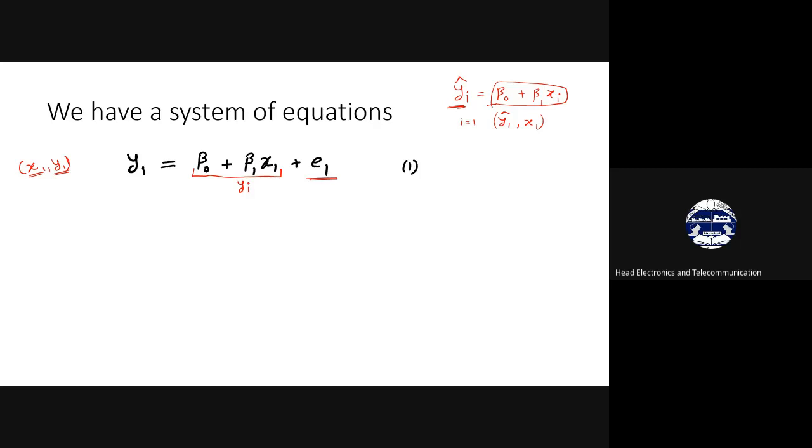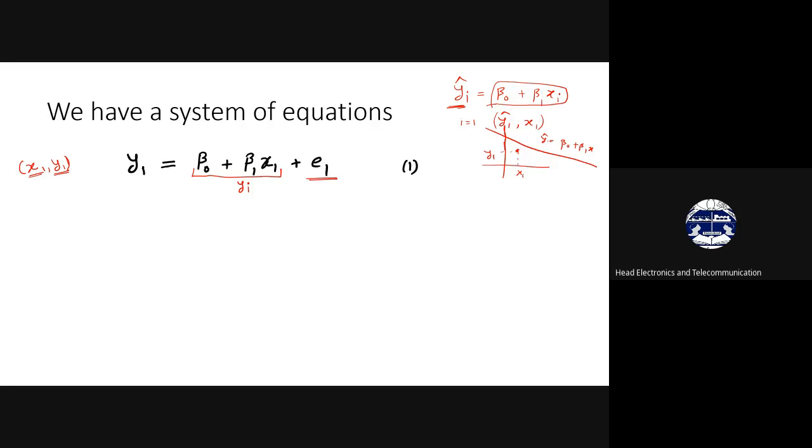So for that difference, say this is the point x1 and this is the corresponding true value of that particular input, and this is my straight line with equation y predicted equal to beta 0 plus beta 1 xi.